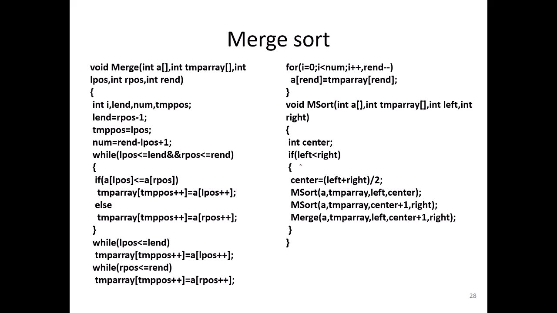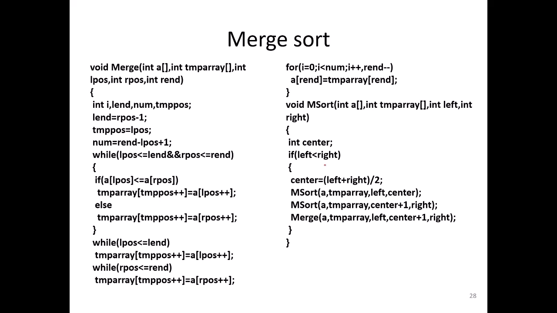In msort we are trying to divide the elements into sub-instances until we get one element in each list. First we check if left is less than right. Left is always less than right while the list has more than one element. When the list contains at most one element, the left value becomes greater than or equal to the right value.